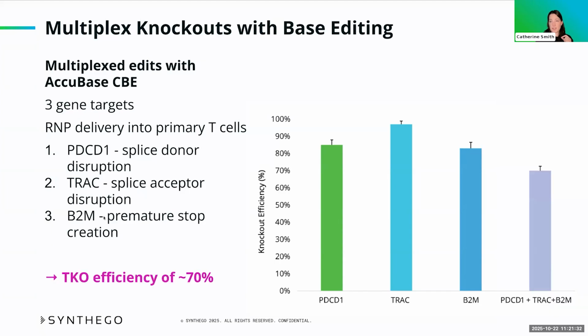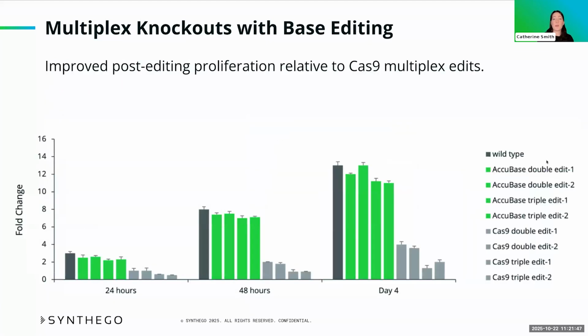When you multiplex these 3 guide RNAs together, you find a multiplex knockout efficiency of upwards of 70%, which is really amazing for a 3-gene knockout that is performed simultaneously. It's also worth noting that the edited cells tolerate AccuBase multiplex edits very well.